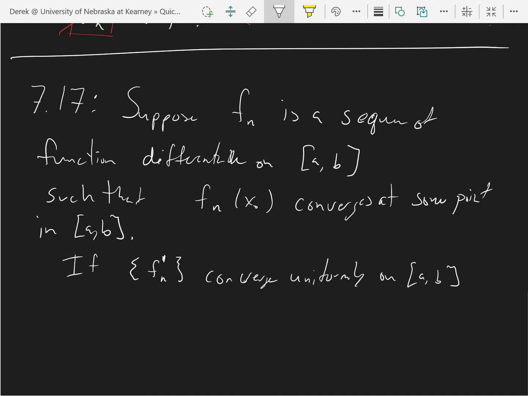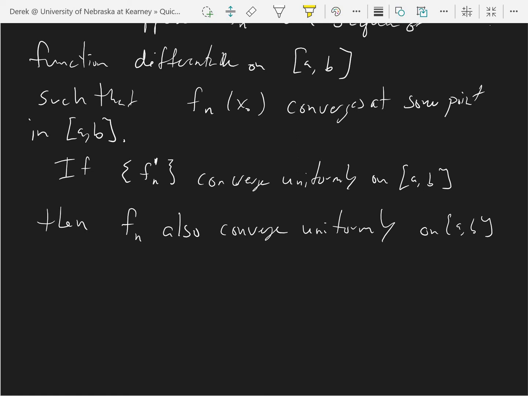Then the actual f sub n's also converge uniformly on (a, b), and what we want happens: f prime of x equals the limit of the f sub n prime of x as n goes to infinity.